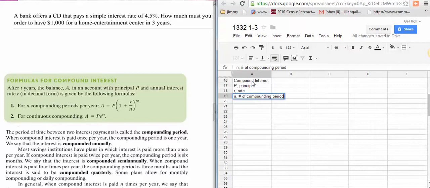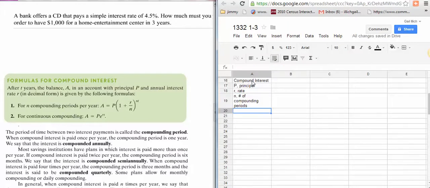It could be once a year if it's annually, twice a year, 4 times a year, whatever. And then you have t, which is time, and that's always in years. And then we're going to end up with an answer A, which is the future value. Okay, so that's our formula for compound interest.